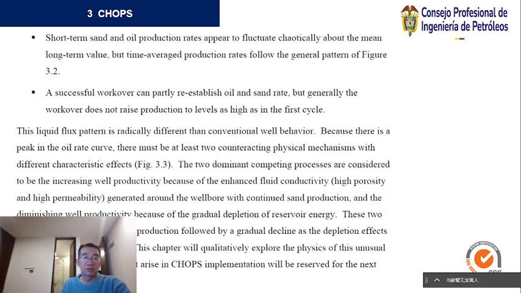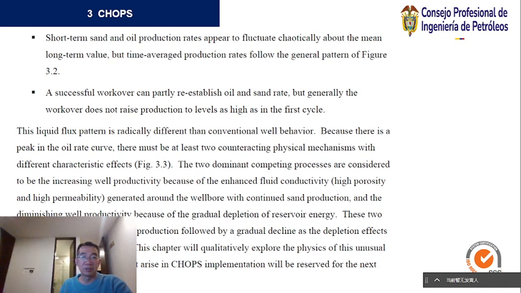A successful workover can partly re-establish oil and sand rates, but generally the workover does not raise production to a level as high as in the first cycle. This liquid flux pattern is radically different from conventional well behavior.